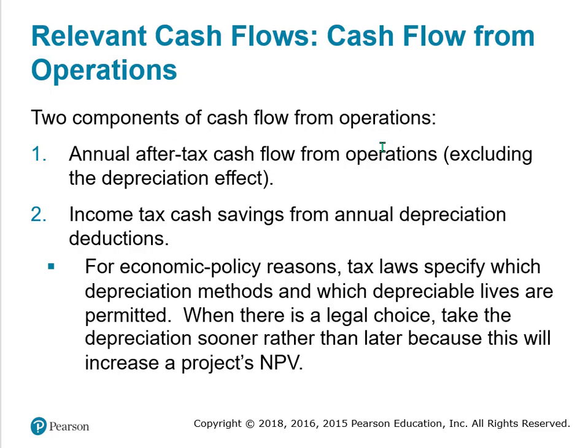Two components of cash flow from operations include the annual after-tax cash flow from operations, excluding depreciation, and the income tax cash savings from annual depreciation deductions. For economic policy reasons, tax laws specify which depreciation methods and lives are permitted. When there's a legal choice, take the depreciation sooner rather than later because that increases the net present value. Plus, that's generally what a company would do unless they've got a big net operating loss to eat up.